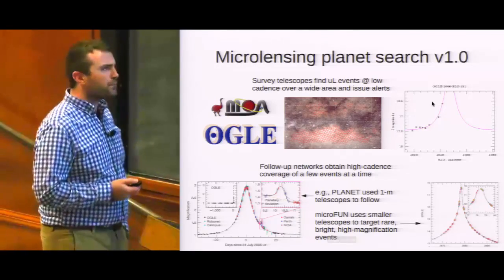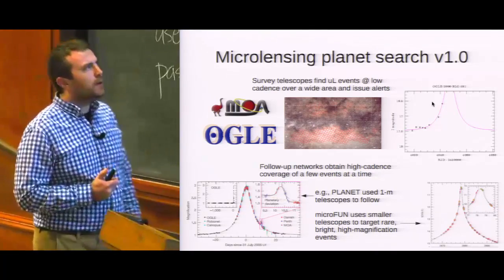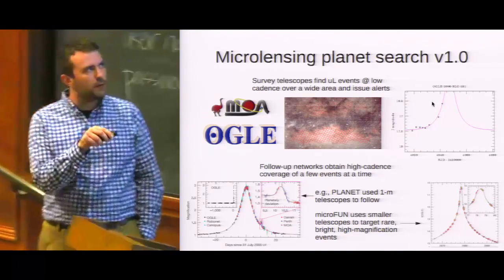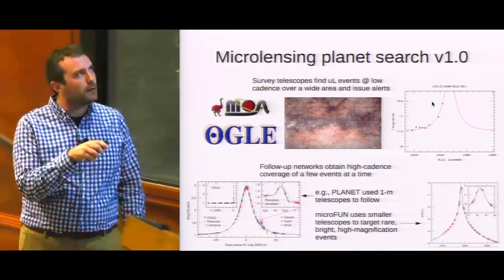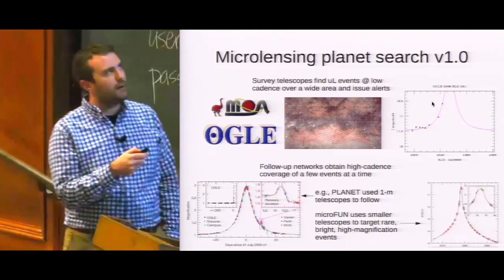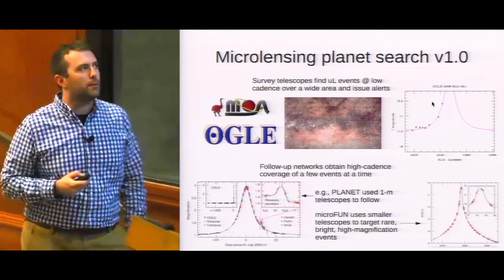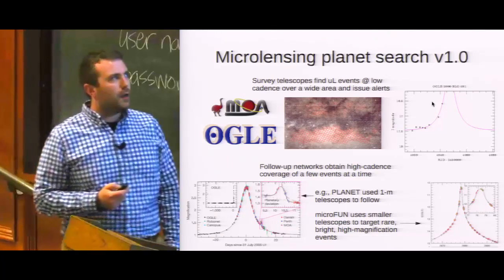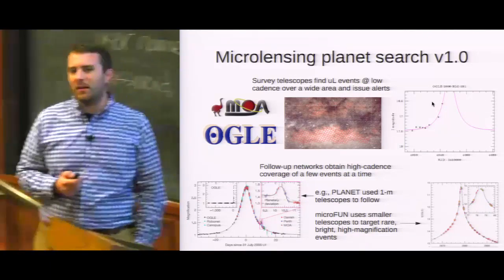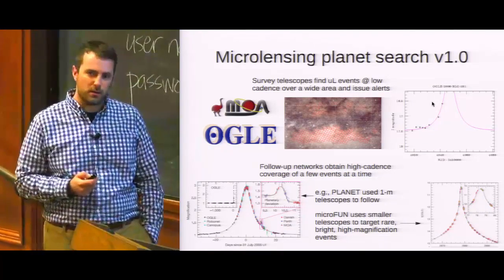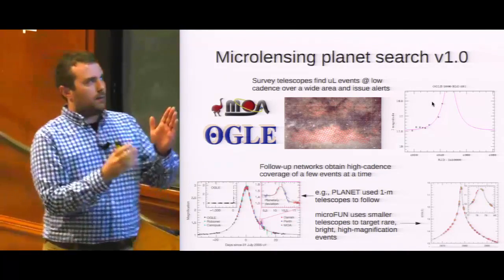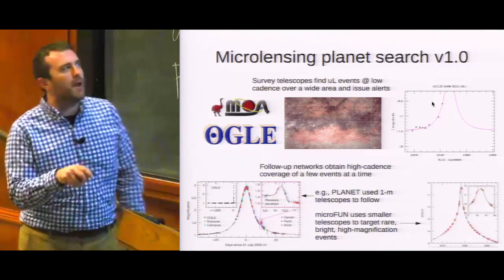So the first attempts: there are other surveys that did microlensing searches, but the main leaders in the search for planets were the MOA and OGLE collaborations, and they used images that were initially less than a square degree across, and they monitored many fields.